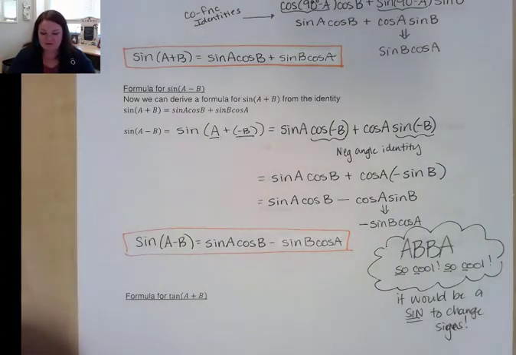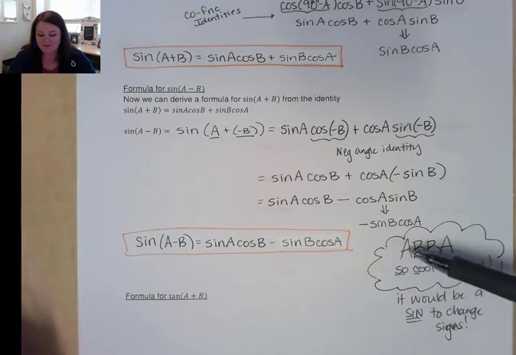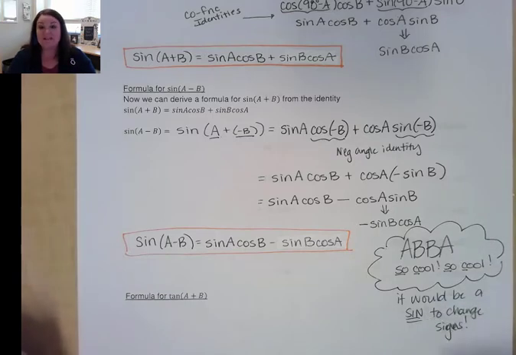For sine, if you can remember ABBA, so cool, we know to do sine of the first, cosine of the second, and then sine of the second, cosine of the first, and it would be a sin to change the sign. So if we start with an addition, we get an addition of terms. If we start with a subtraction, we get a subtraction of terms. Again, just something fun that hopefully will help you remember it. If not, that's okay. We're going to move on.